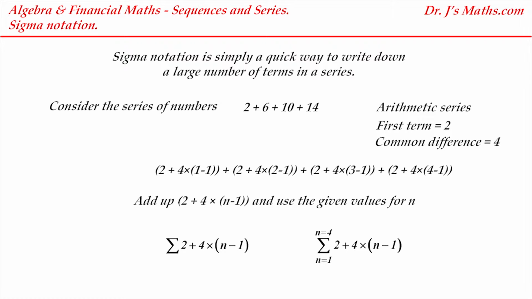When we replace the n term in the expression with the values 1, then 2, then 3, then 4, we reproduce our original series. Clearly the result of adding the 4 terms together is 32, but we are here only trying to rewrite the series in our new notation.